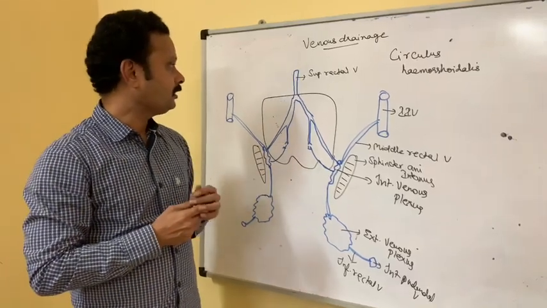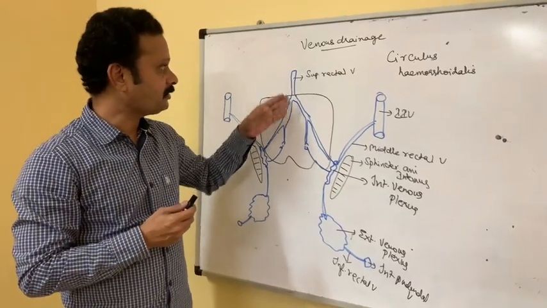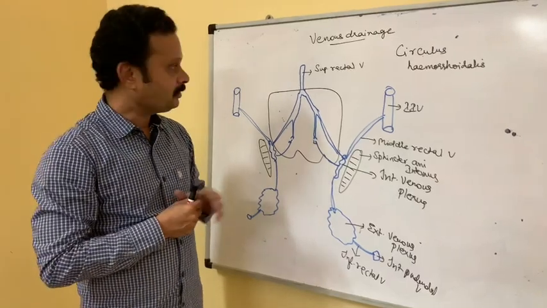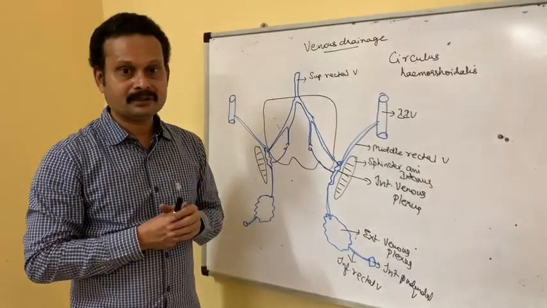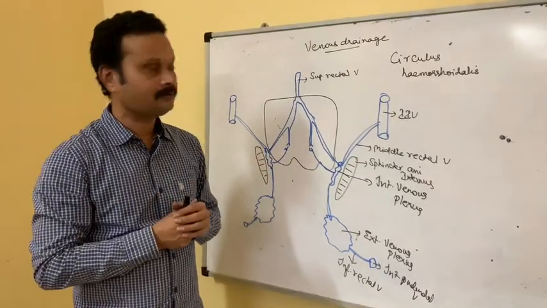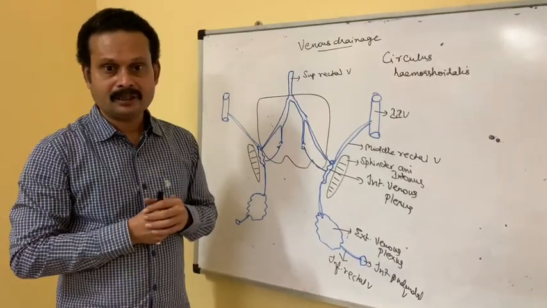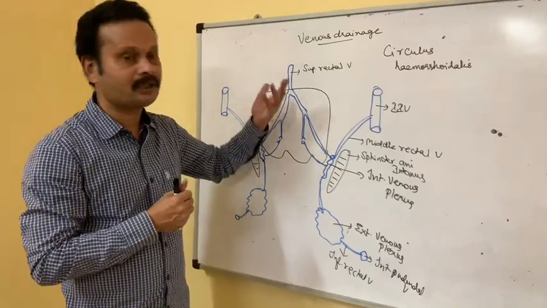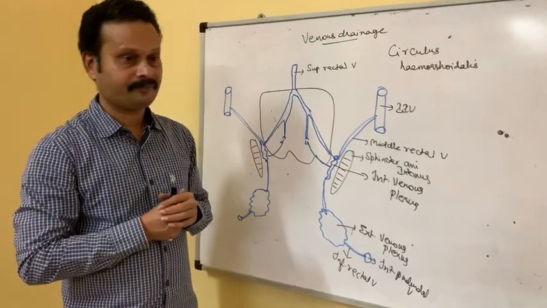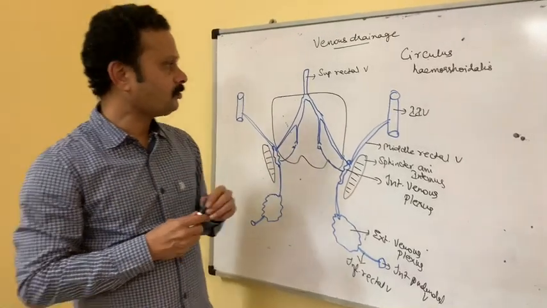Since the superior rectal vein is devoid of valves, it is frequently subjected to engorgement due to increased venous return and due to obstruction to the venous return. So this is all about the venous drainage.